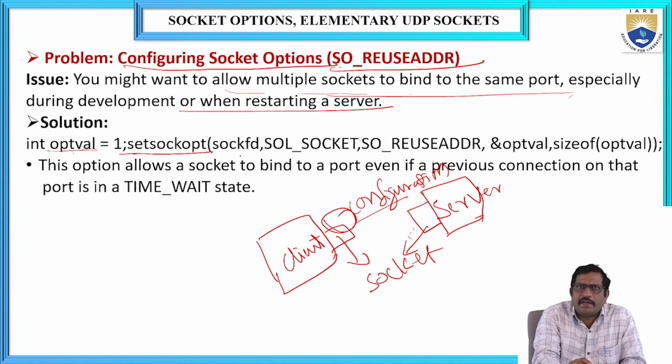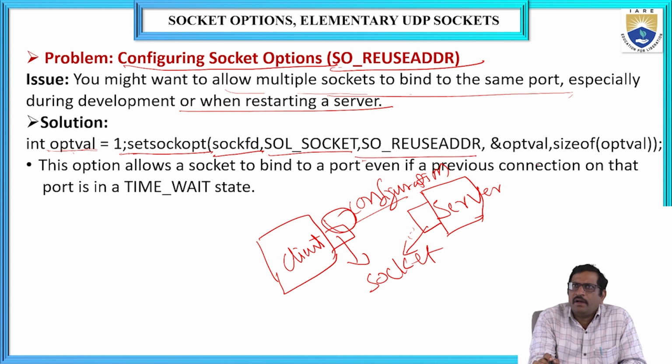We utilize the function setsockopt, whose arguments are the socket file descriptor, the socket level SOL_SOCKET, SO_REUSEADDR, the option value address, and the size of the option value.